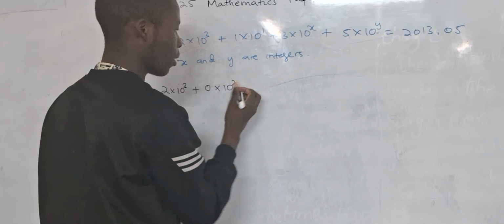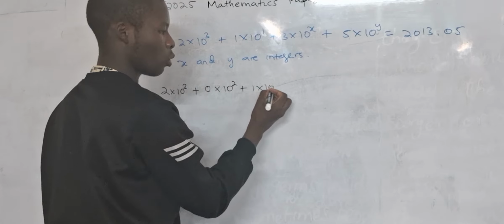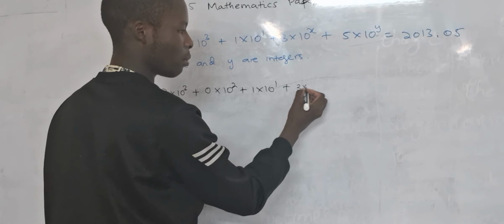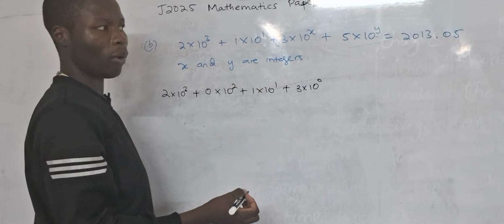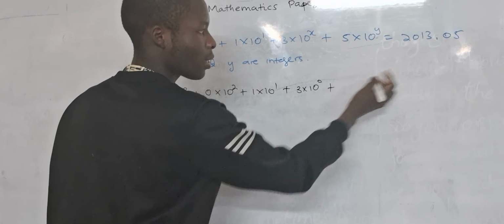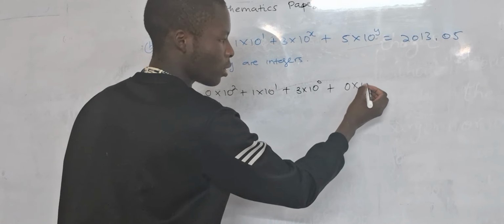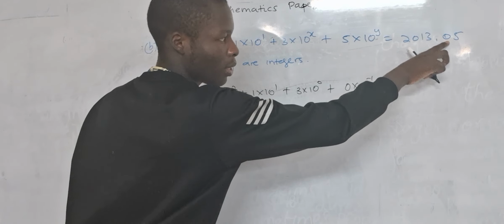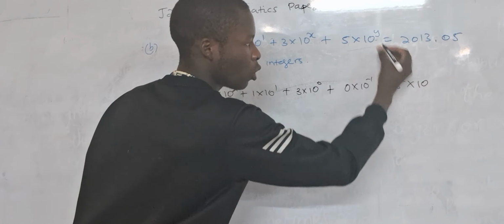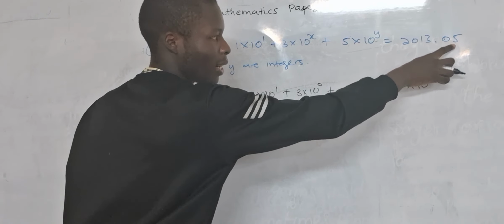Here, this is 1 times 10 to the power 1. Here, this is 3 times 10 to the power 0. So the weight of these are the units. Now plus, this is 0 times 10 to the power negative 1, the tenths. Plus 5 times 10 to the power negative 2, the hundredths.